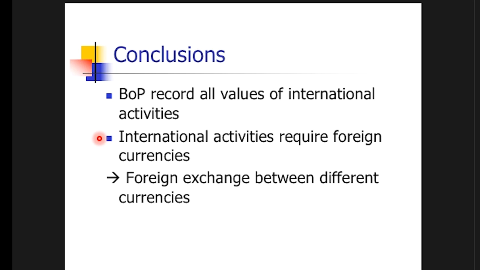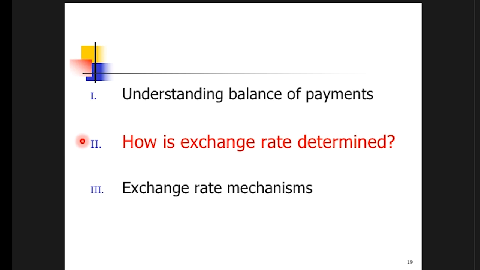For example, when Vietnamese people want to buy goods or services from the US, we need US currency, the US dollar. So we need to exchange currency. The exchange of currency is called foreign exchange. Now we will go to the next section to explain foreign exchange, or the exchange rate.